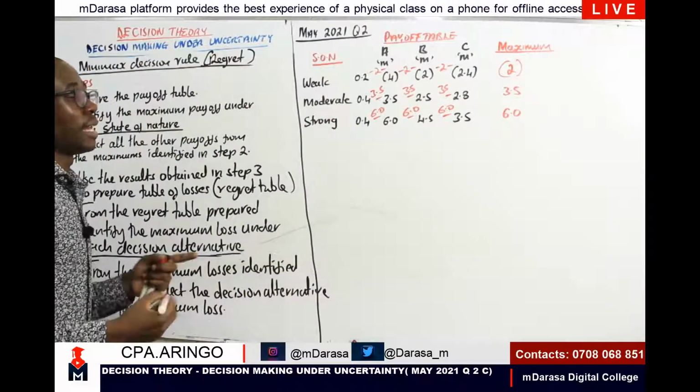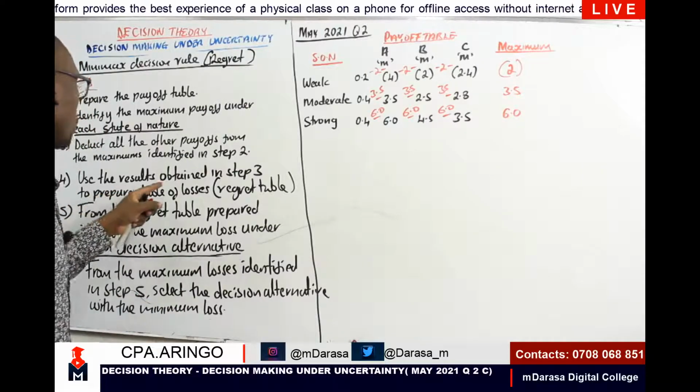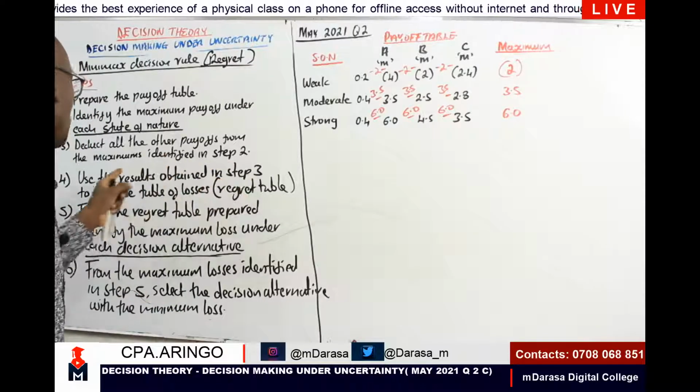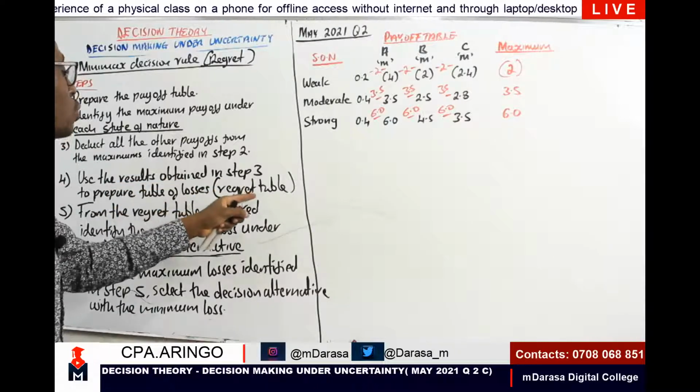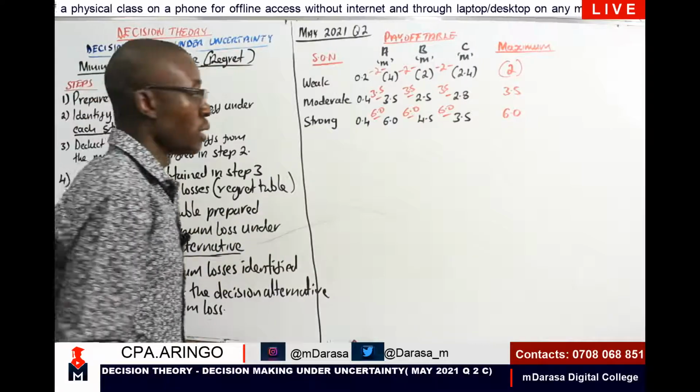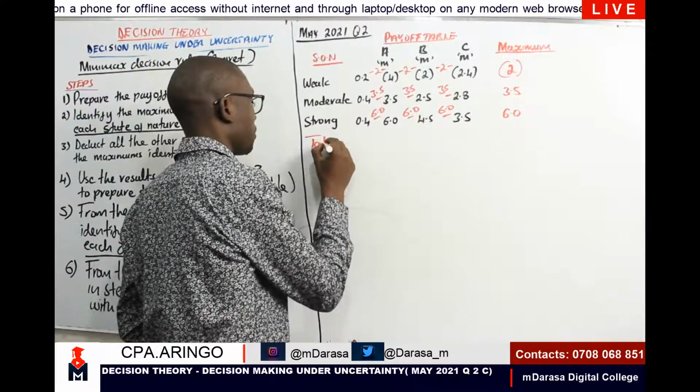The next step, we've said, is to use the results obtained in step 3 to prepare a table of losses, commonly known as the regret table. So let us prepare our table of losses.